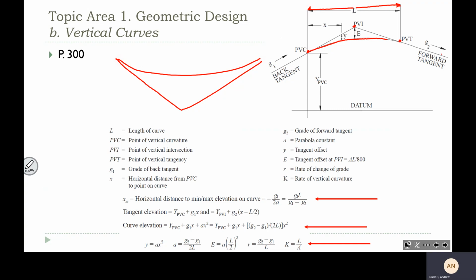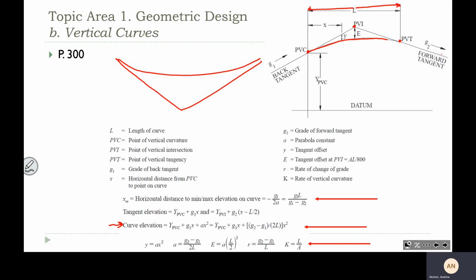The main equations that we are going to use are this one. So we have a curve elevation. This equation allows you to calculate the elevation of any point along the curve.